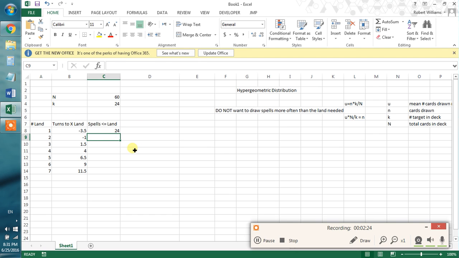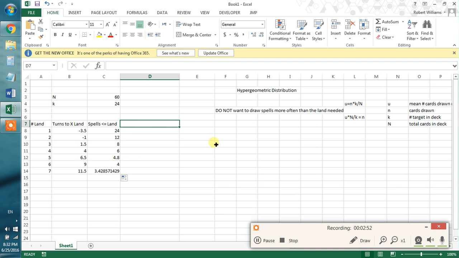So you can see for 1-drops, the most you could run and be likely to draw the land you need before you draw the 1-drop is also 24, which makes sense because you only need 1 land for it. Now if I take this same formula and set this static and drag it down, you see that it reduces over time.